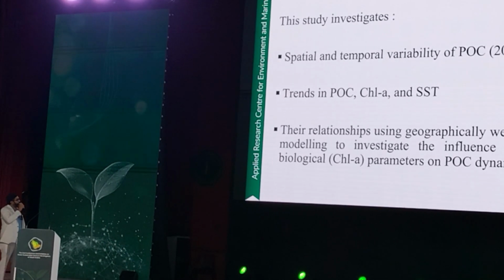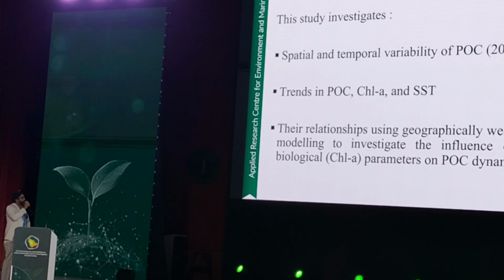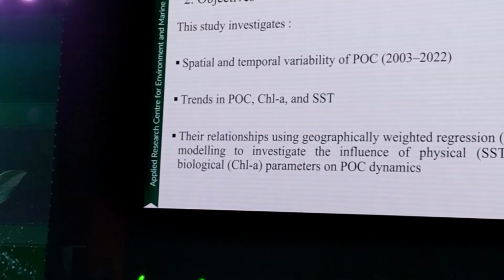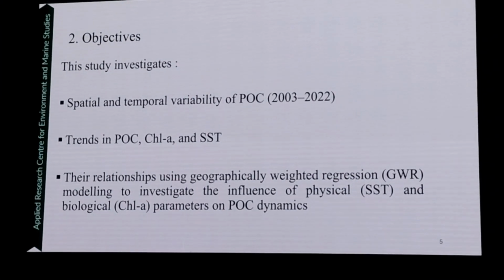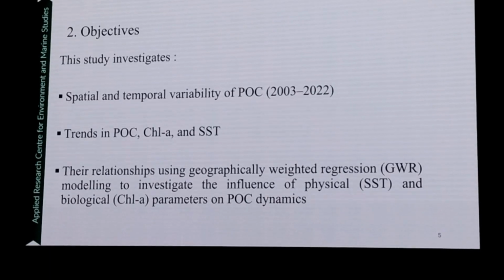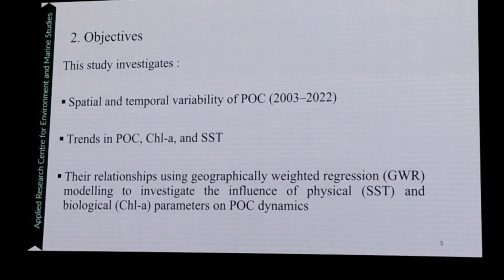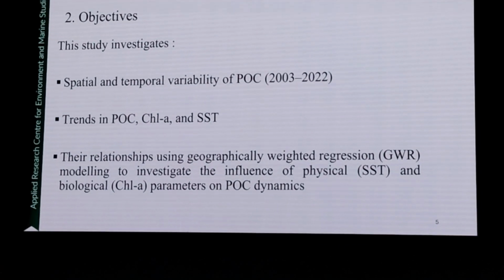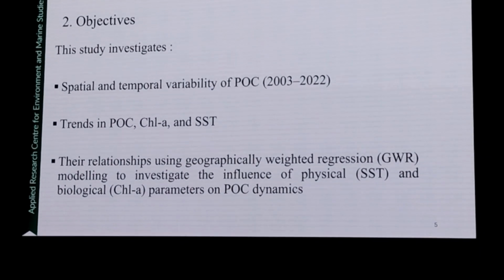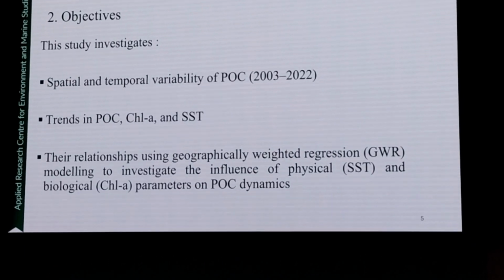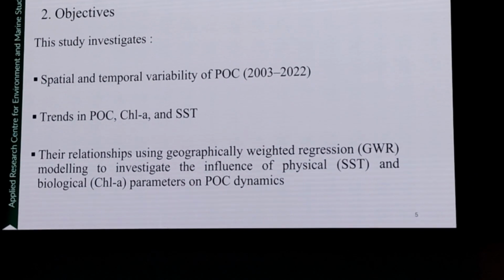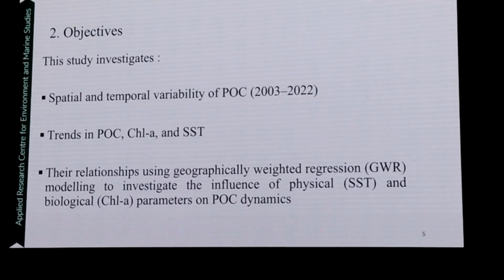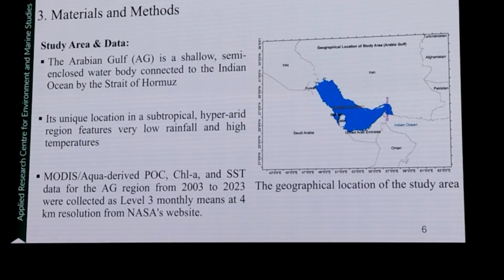The main biological product is chlorophyll, and the physical parameter, we know, is the sea surface temperature. And finally, our target was to check the connectivity between the particulate organic carbon and the physical parameter, that is the sea surface temperature, and the biological parameter, that is chlorophyll.